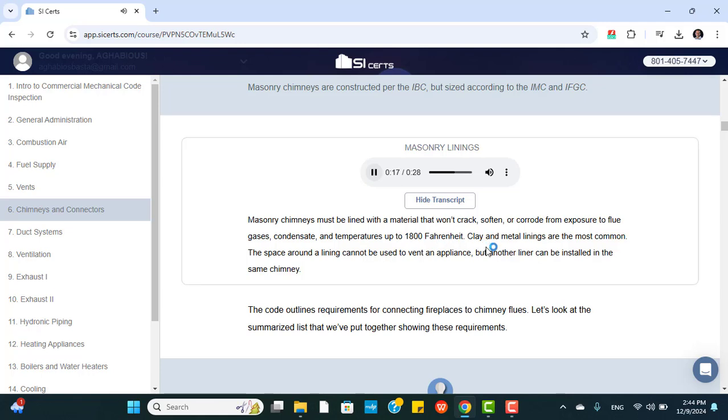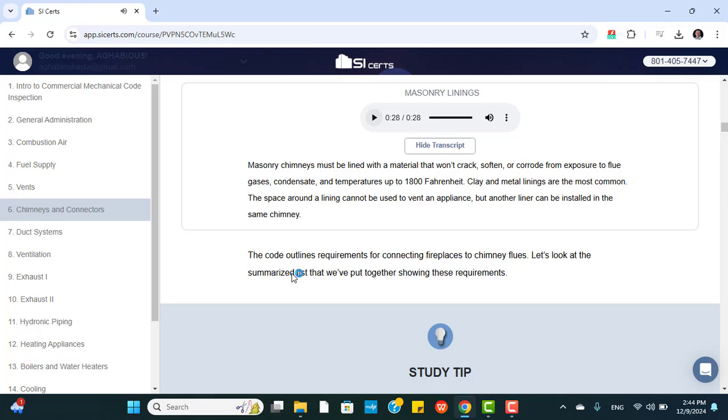Clay and metal linings are the most common. The space around a lining cannot be used to vent an appliance, but another liner can be installed in the same chimney. The code outlines requirements for connecting fireplaces to the chimney flue.